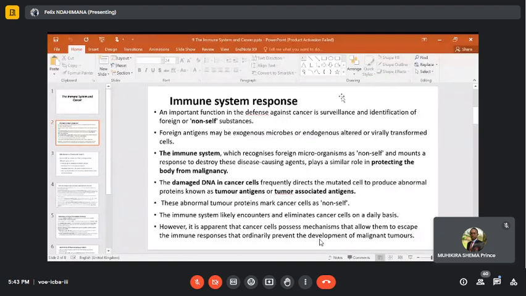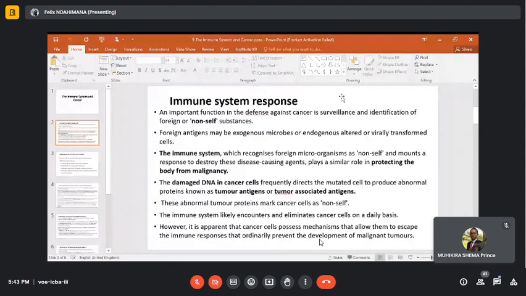Now, this abnormal tumor protein marks the cancer cell as non-self. Then the immune system regularly encounters and eliminates cancer cells on a daily basis. We think that we have a lot of these cancer cells in our body, but the immune system probably keeps on eliminating them every day.